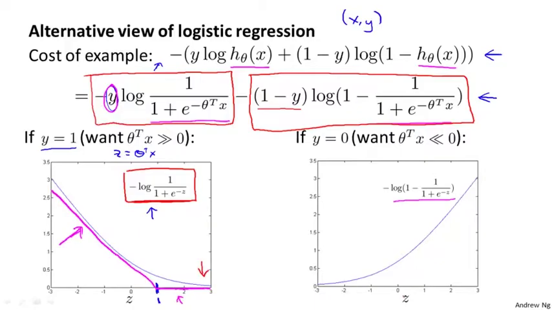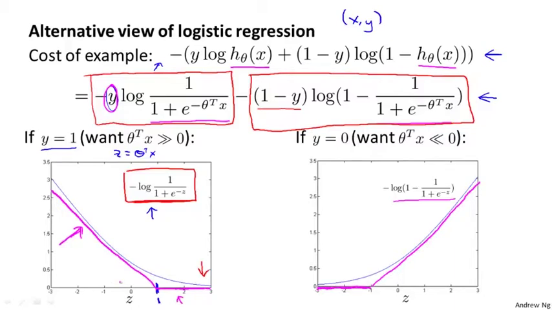And if you plot that as a function of z, with z on the horizontal axis, you end up with this curve. And for the support vector machine, once again, we're going to replace this blue line with something similar: a new cost that is flat, 0 out here, and then grows as a straight line, like so.